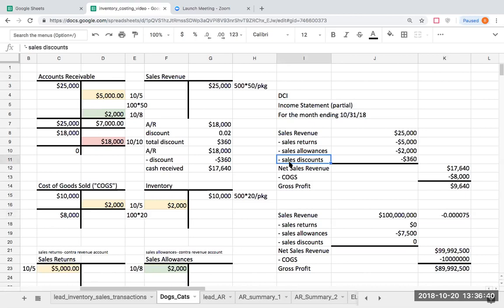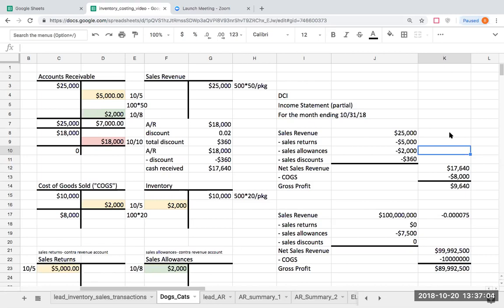We need to get it out there. Also, when I'm commissioning salespeople, I might run into a problem where if a salesperson is commissioned on gross sales, they're not really going to care about allowances or returns. They just want their money. They just want to make the sale, and they're not going to care about what happens after that.